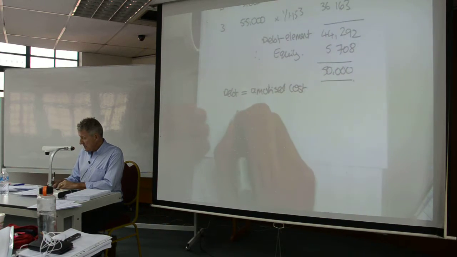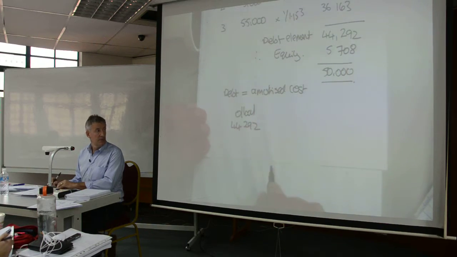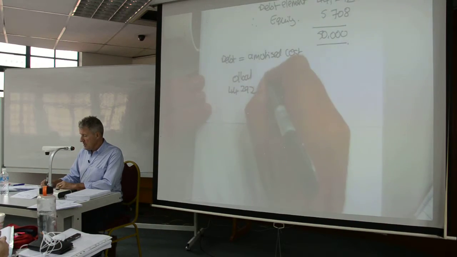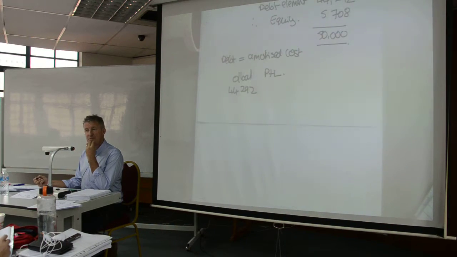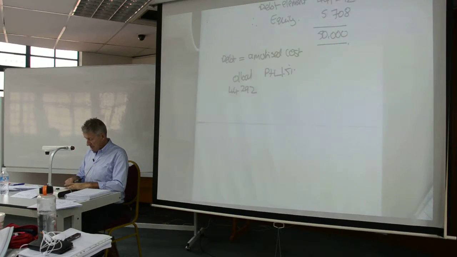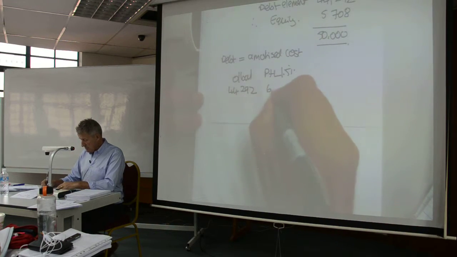So the opening balance on the debt is 44,292, and with that opening balance there will come a finance cost. What's the rate that you would use? The effective rate of interest, 15%. So you take 44,292 at 15%, and that gives you 6,644.